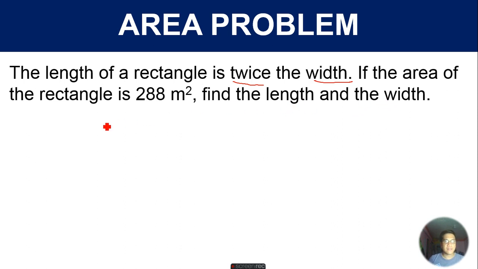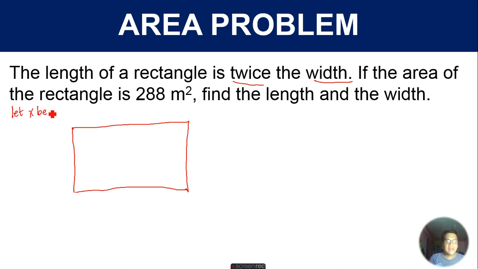So, we're going to represent. Okay? So, rectangular shape. The length of a rectangle is twice the width, so meaning to say, our x will be the width. Okay? So, let x be the width.